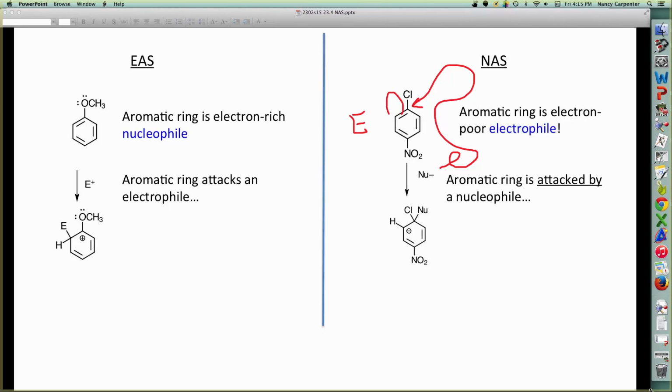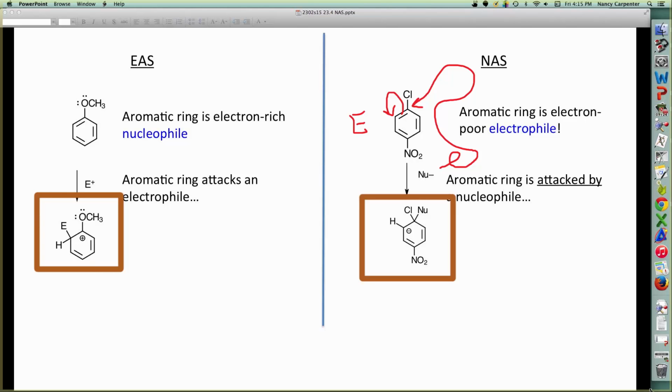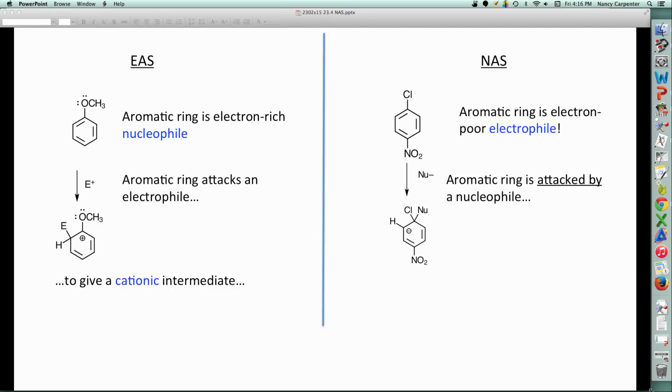And what we see is that it actually kicks a pair of pi electrons out of the aromatic system and onto a carbon. Whoa. So what I have here is a cationic intermediate. What I have here is an anionic intermediate. Cationic, anionic.